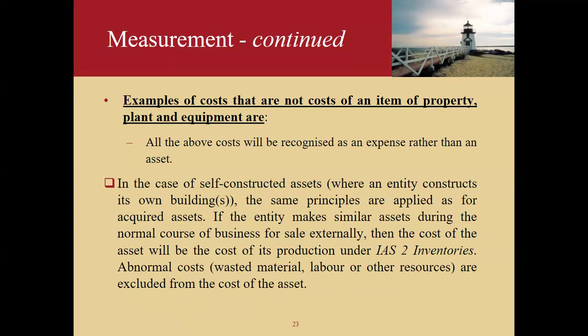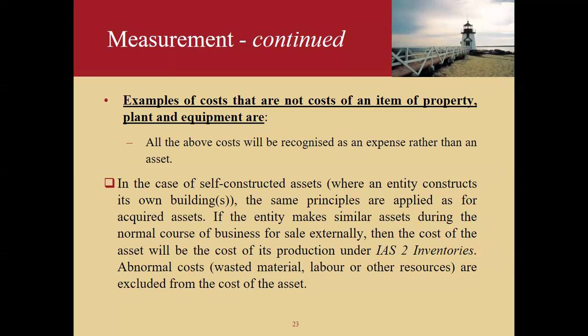We looked at that under inventories. So if the assets are meant for sale, that is inventories. If I'm constructing houses or apartments for sale, I'm not going to count that cost under my assets, property, plant, and equipment. It is going to be under inventories.